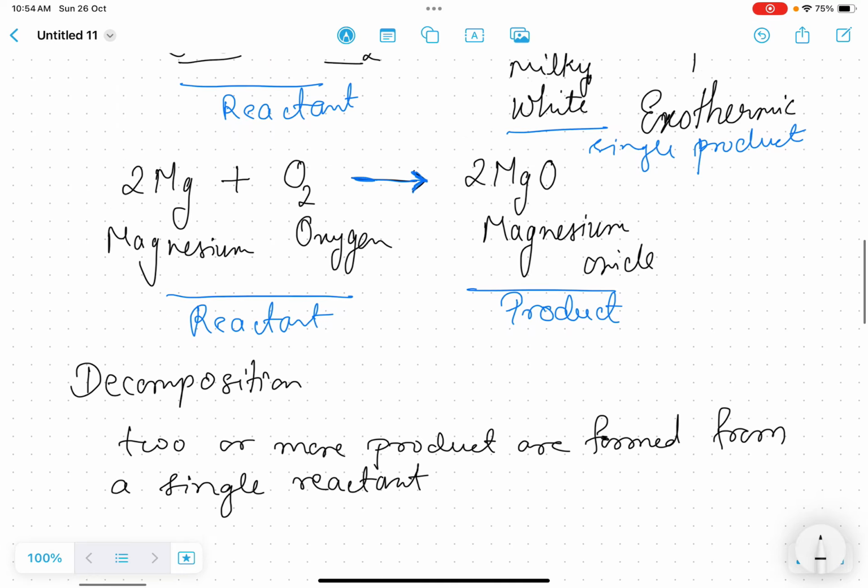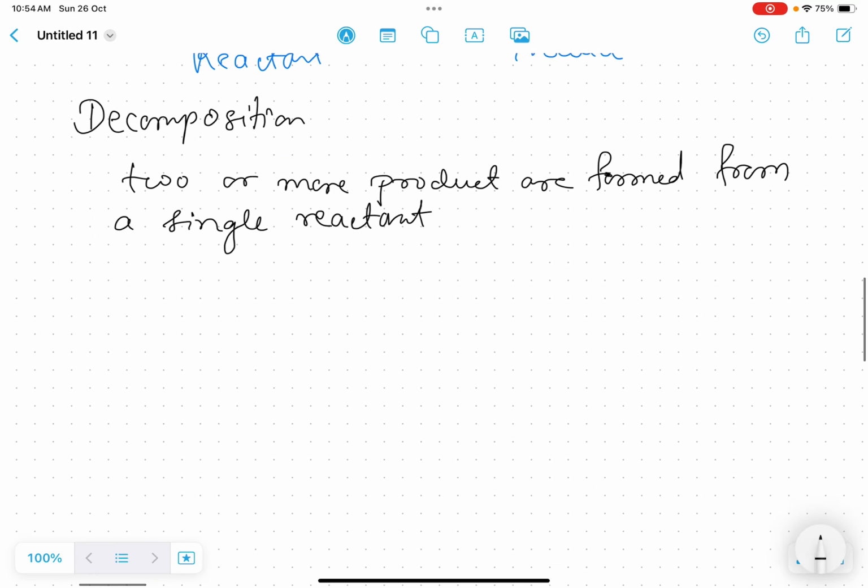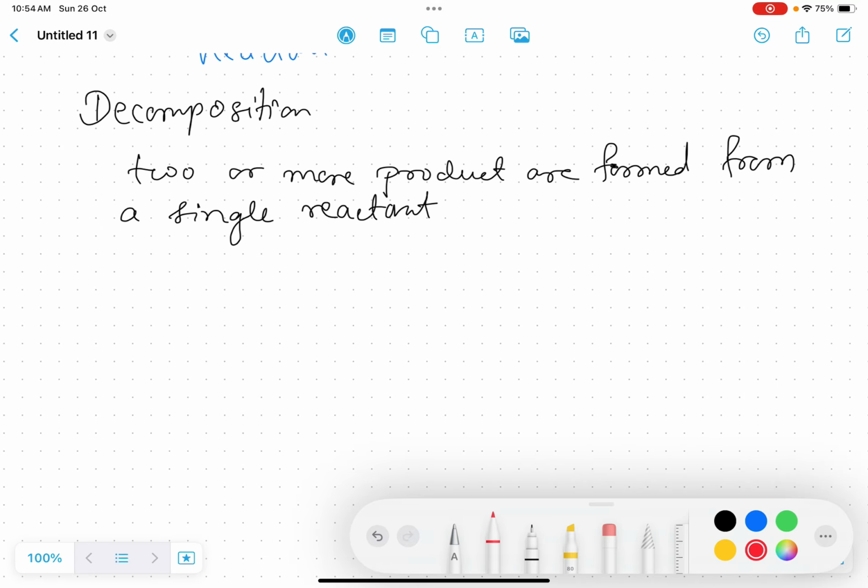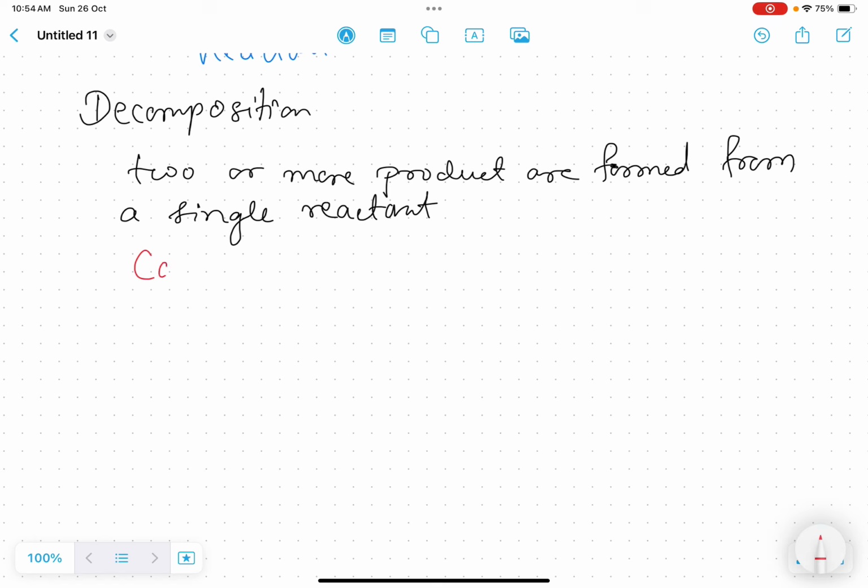There are various examples. You can take this example also: calcium carbonate. Just heat that molecule and it will convert into calcium oxide plus carbon dioxide. In this reaction you are supplying heat, you are not getting heat, so this reaction is called an endothermic reaction.